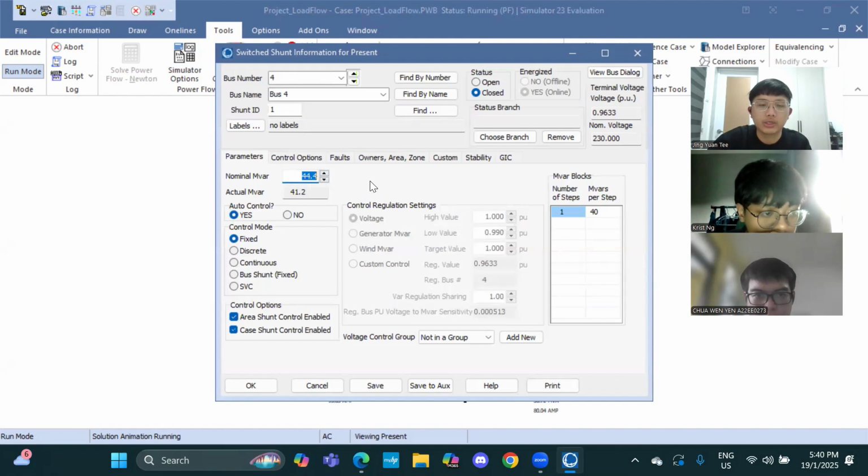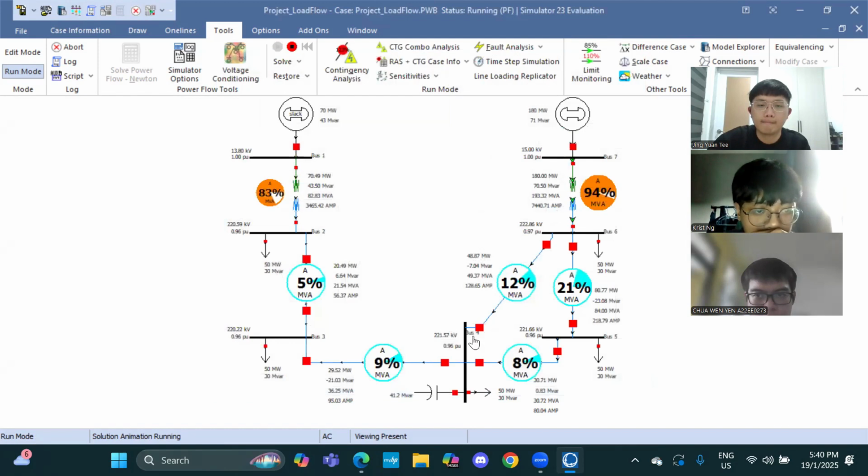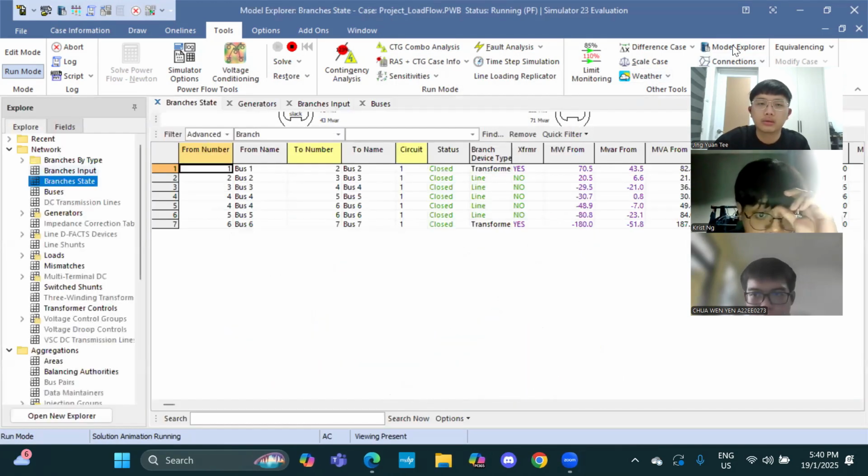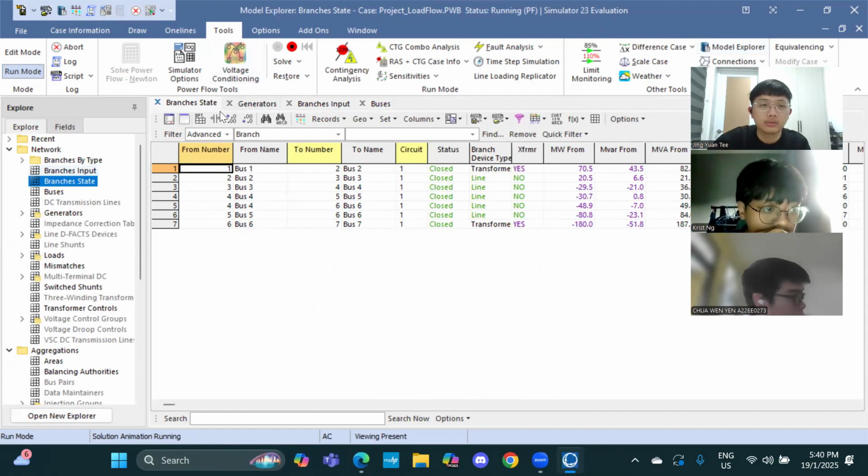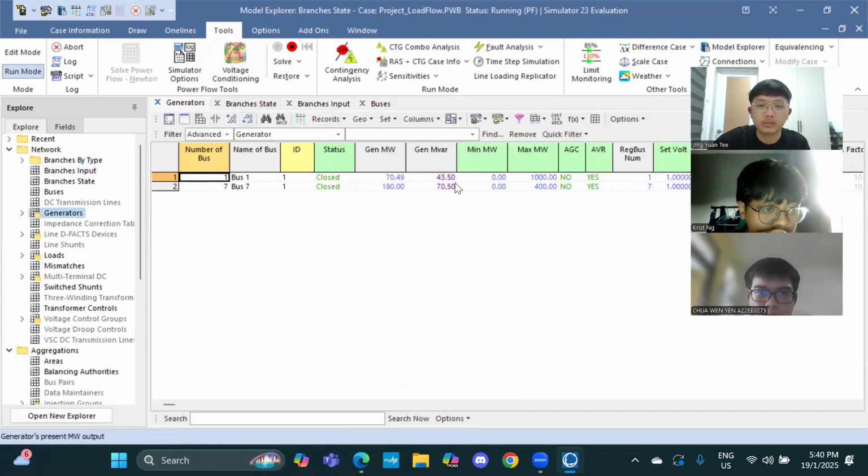The value we set for the shunt capacitor is 44.4, and the actual is 41.2, due to some power loss in the circuit. So this is the complete circuit for case 2, and we need to get the output data again. For these branches and generators, you can see that the MVAR for generator 1 has decreased.